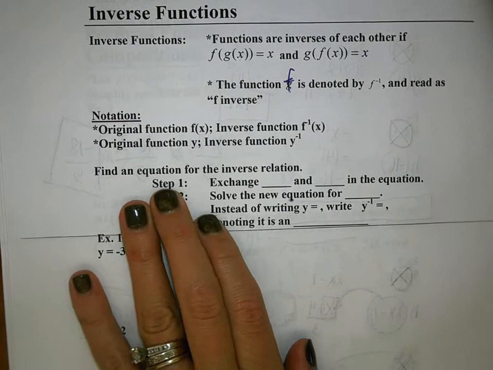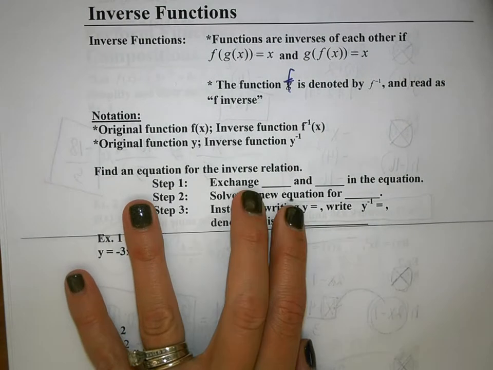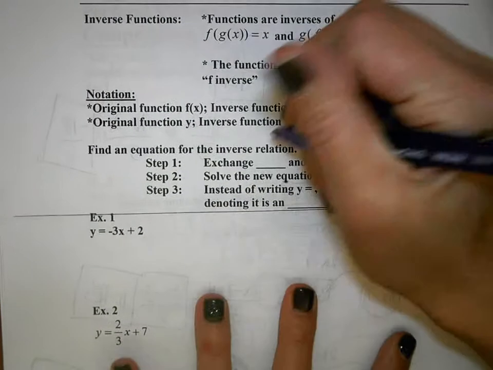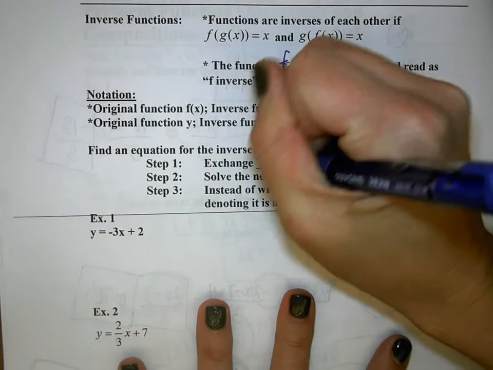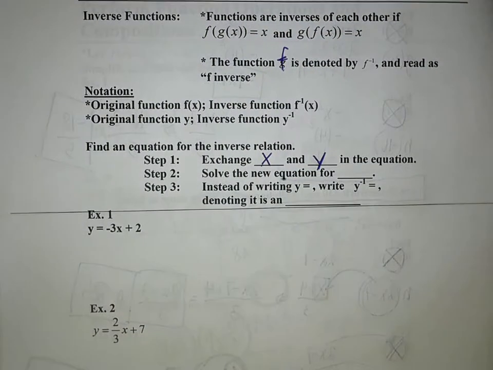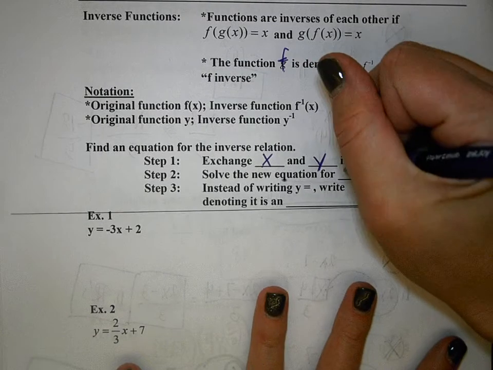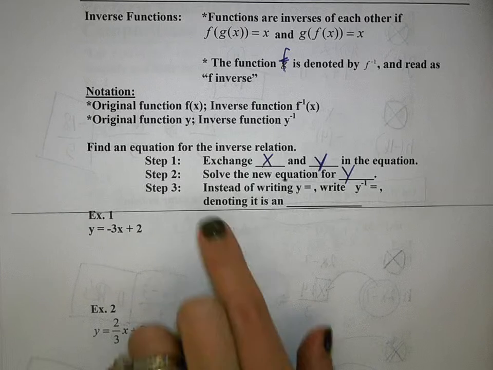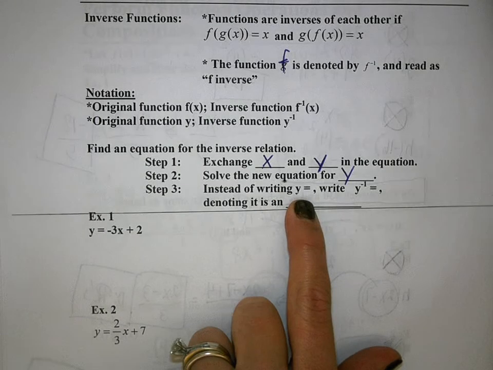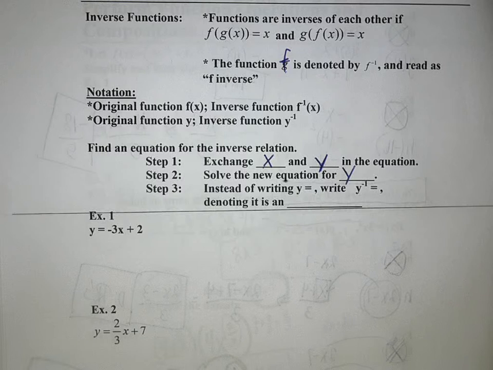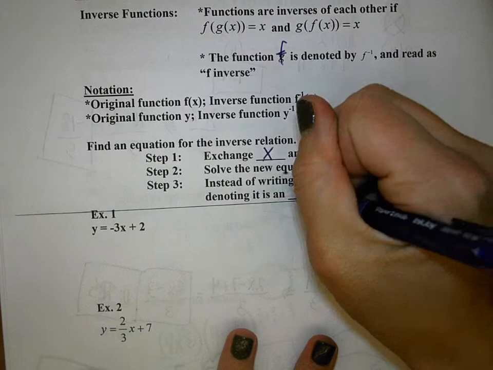The way to find an equation for the inverse function is first to exchange x and y in the equation. Then you resolve the equation for y. And remember that instead of writing y equals, you write y to the negative 1 equals, denoting that it is an inverse.